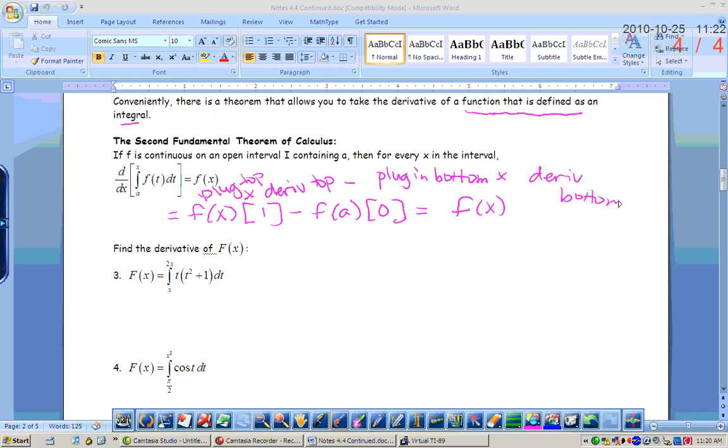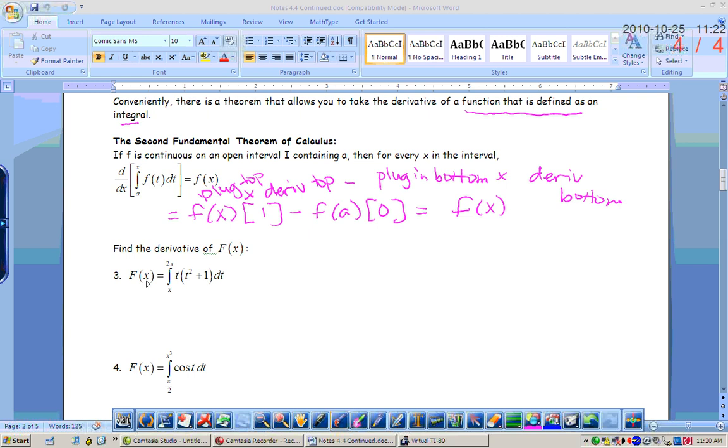And by the top and the bottom, I'm talking about the limits of integration, the top and the bottom limits of integration. So let's work number 3 to just show you exactly how this works. And this is only for finding the derivative of a function that's defined as an integral.